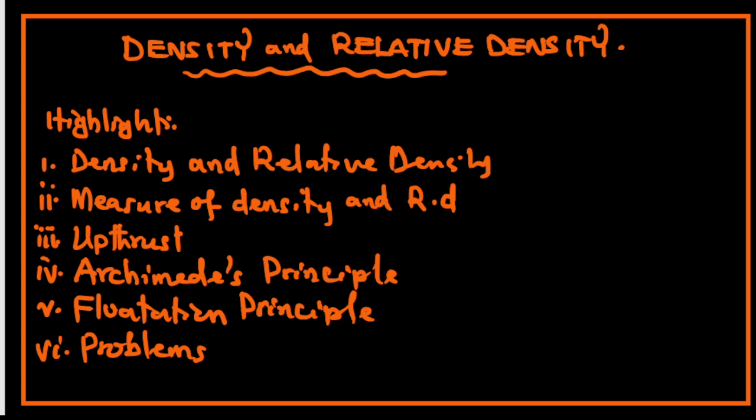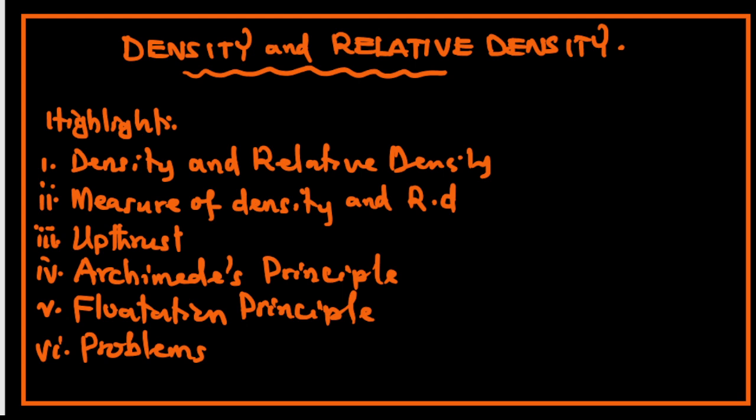For density and relative density, I gave a quick highlight for which I explained density as the mass per unit volume of a substance, that is, the mass which 1 meter cube of a substance possesses should be termed the density of that substance. So density is usually denoted with the symbol rho, and it is given as what?